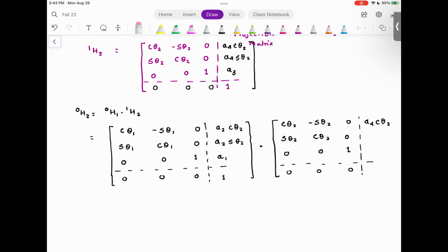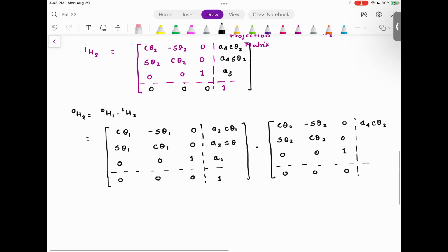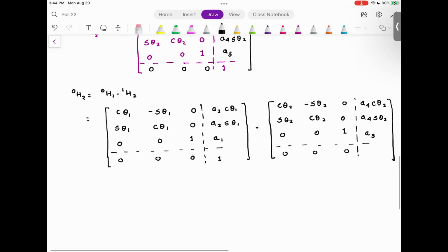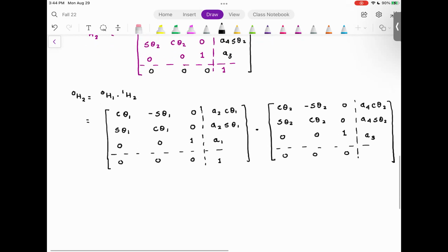I made a mistake. A4 sine theta 2, and this is A3. So if you look at the matrix multiplication, what you do is you have this first row, multiply this with the first column.